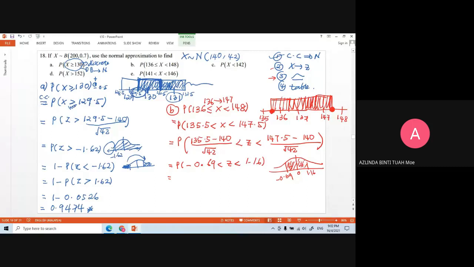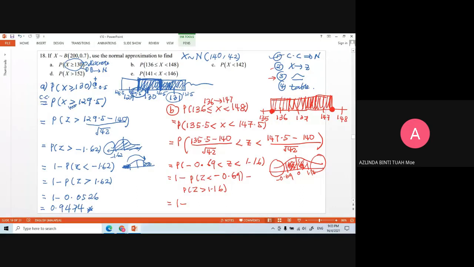So both positive and negative region shaded. Jadi 1 minus unshaded region, the first one, P Z less than negative 0.69 minus unshaded region on the right hand side, P Z greater than 1.16.